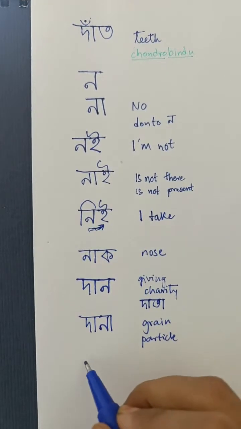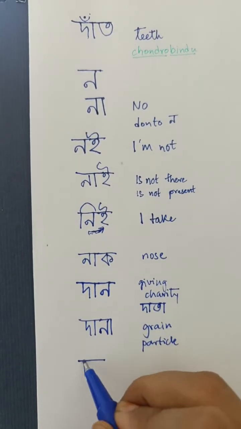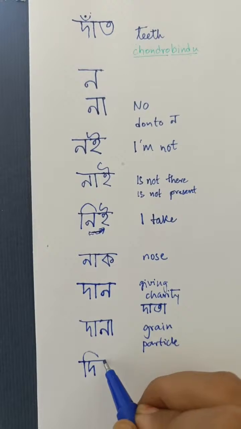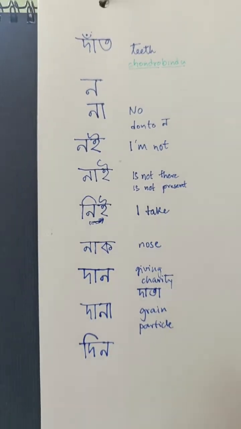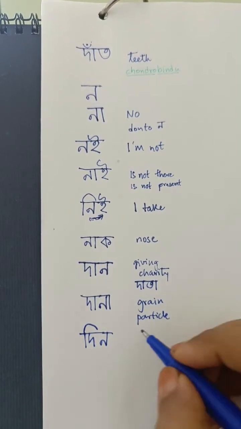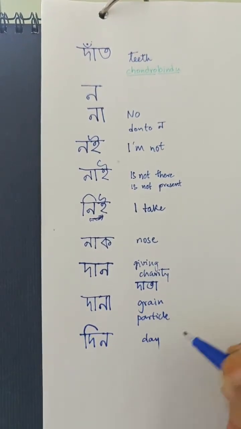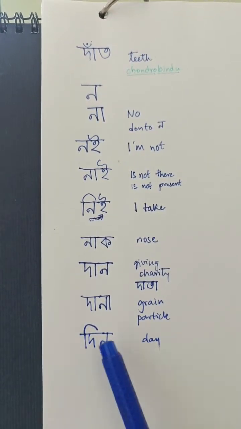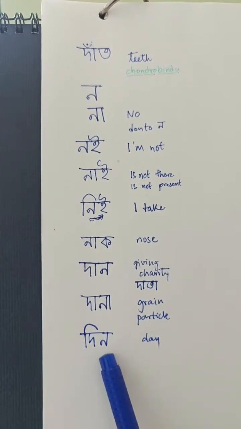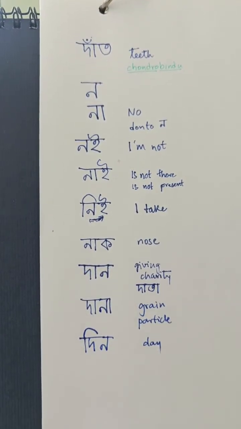Okay. Now, read this. This means day. Din. Doi, ikar, and na. Din. Let me show you a very common mistake.